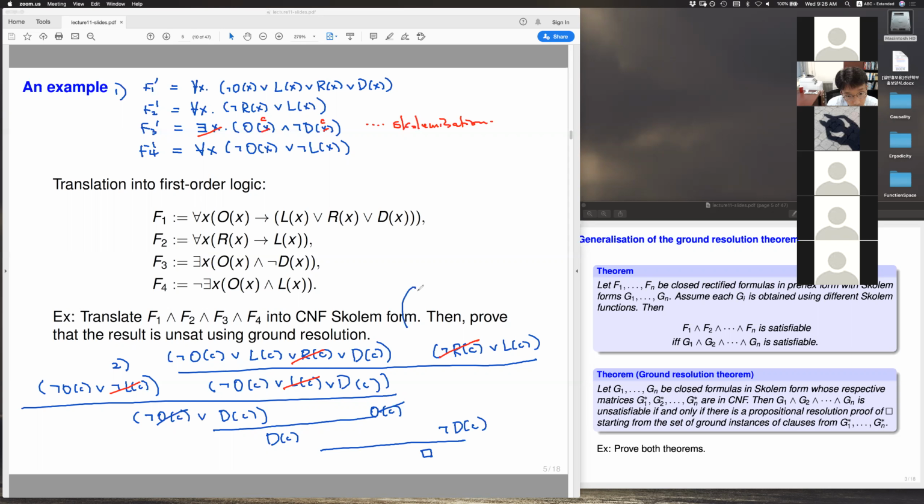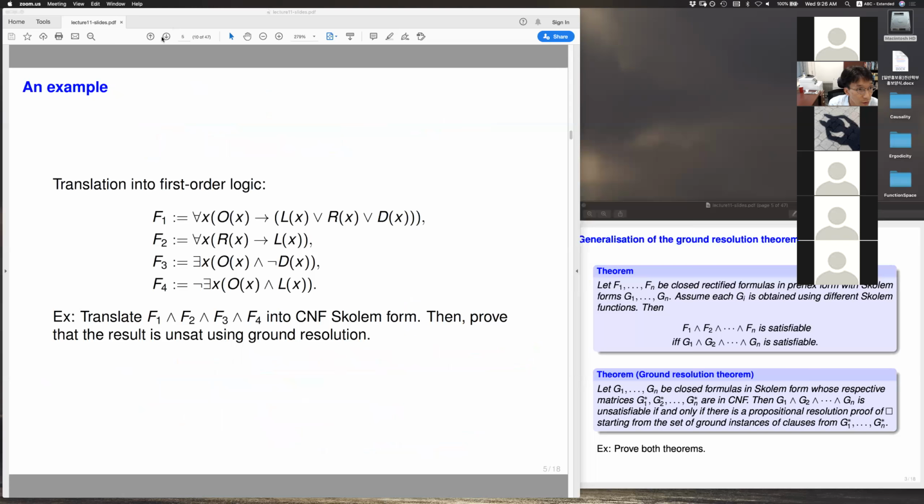So then we formally, by using these two theorems and the resolution calculus, have formally proved the implication that we cared about in the beginning. So that's ground resolution. Okay, so that's what you can do.